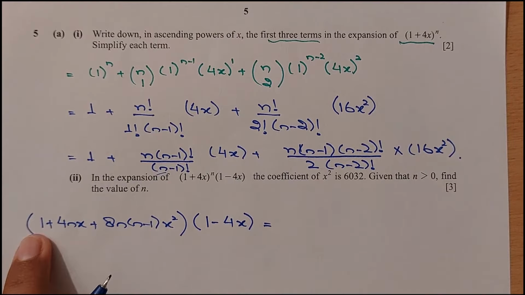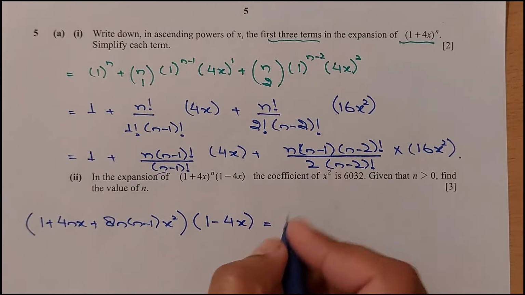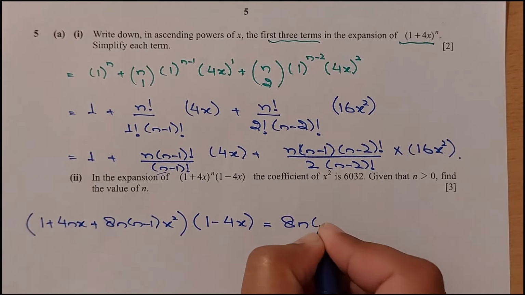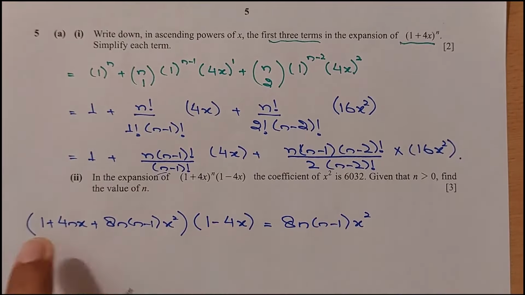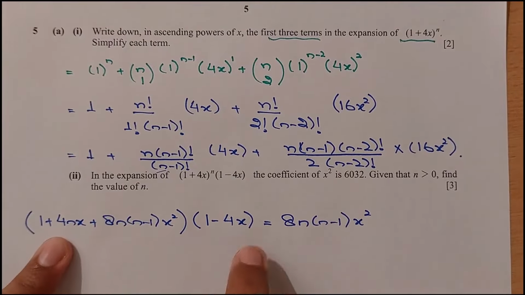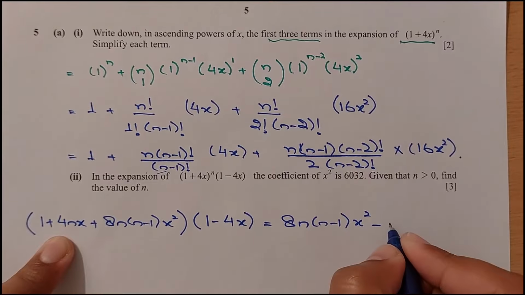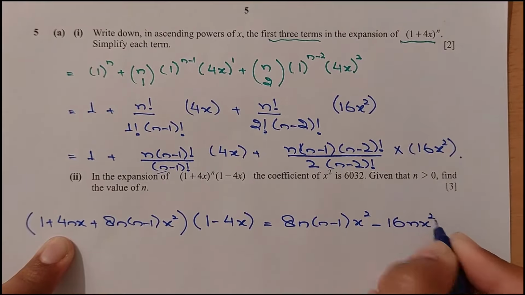So 1 is multiplying, let me multiply with 1. This is going to be the x square term, that is 8n(n minus 1)x square. Now multiplying with minus 4x. So this is going to be the x square term: minus 4 times 4 is minus 16n x square. Right.